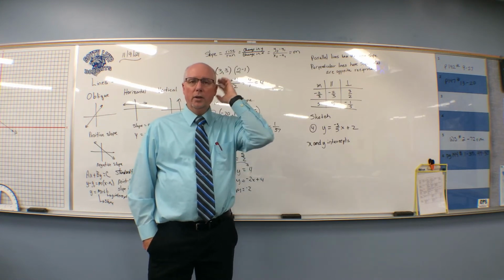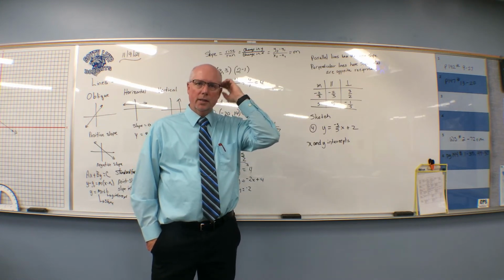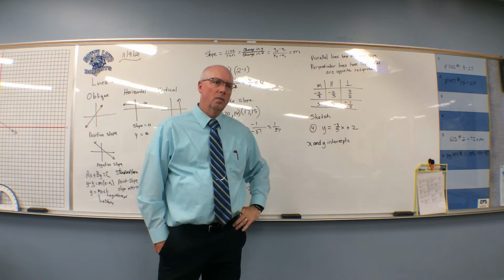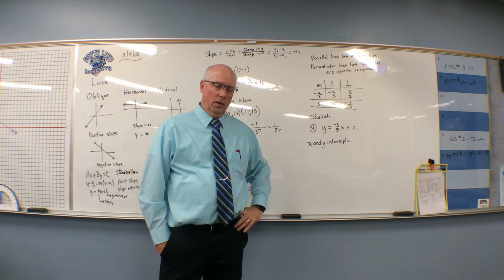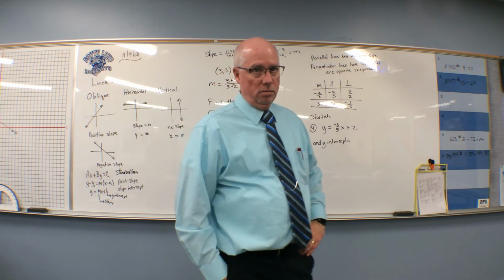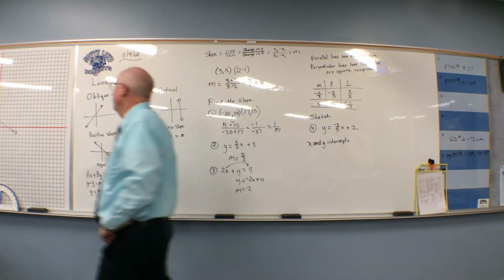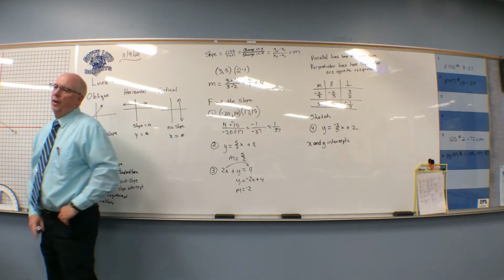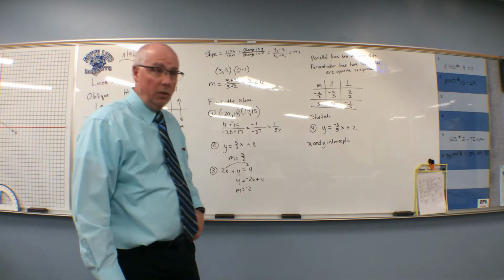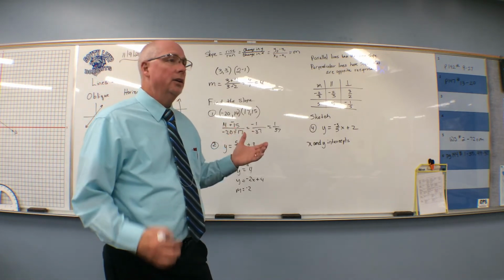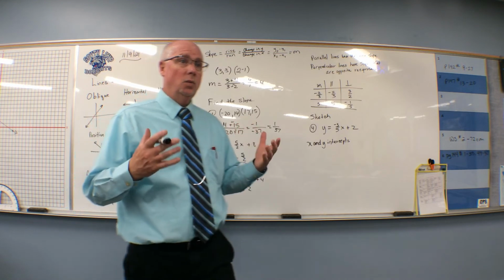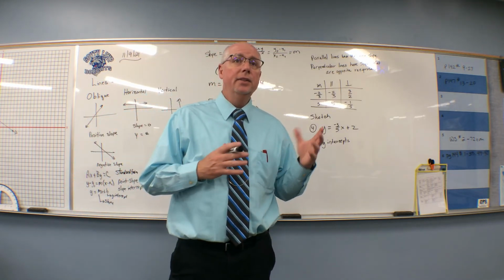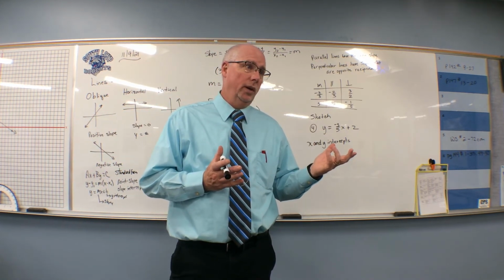Where it crosses the y-axis. So on this one, it would be right here. And what is the x value at that point? 0. So the x and y intercepts are the places where it touches the x and y axis, and the other value is 0.